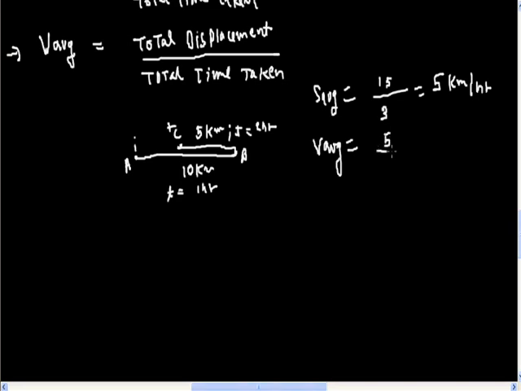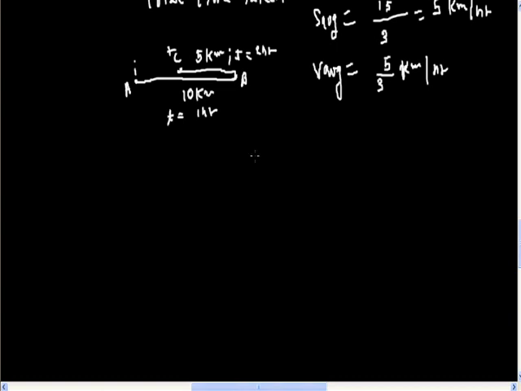And total time taken is what? 1 plus 2. Time taken we always take as total. How much time the object has elapsed? That is 3. And 5 upon 3 km per hour is the average velocity.